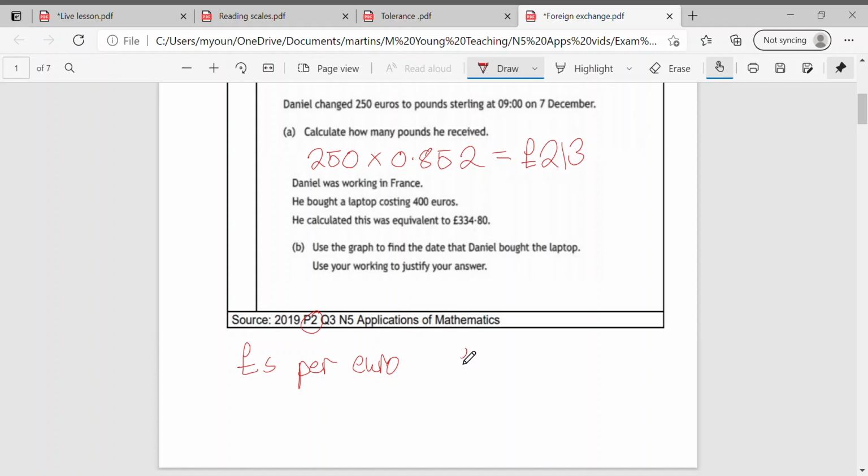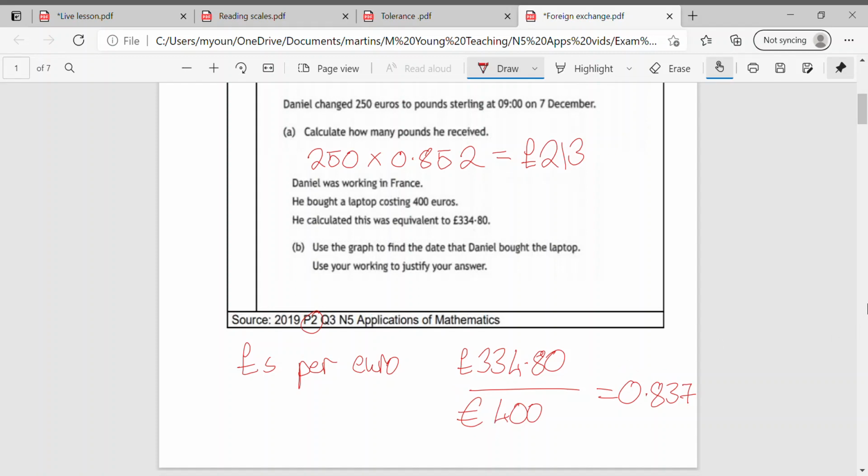So £334.80, and I'm going to divide that by the equivalent that was in euros, which is 400. Get a value from that. So 334.80 divided by 400, and that's 0.837. Okay, and that's what our exchange rate was of pounds per euro.